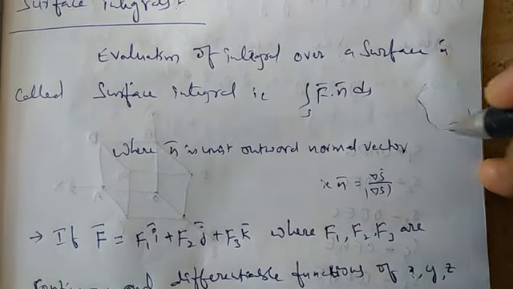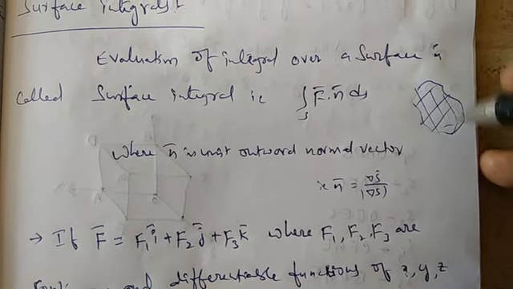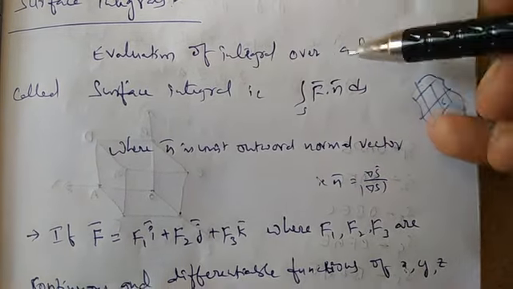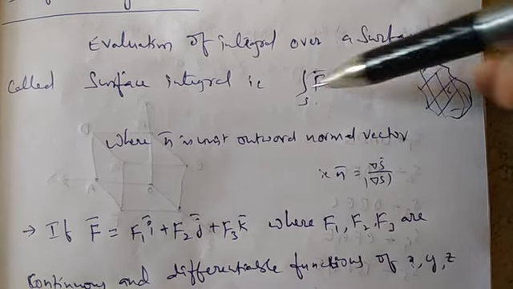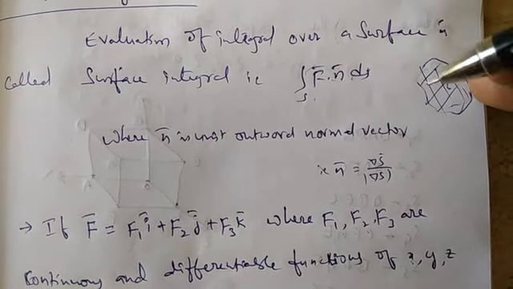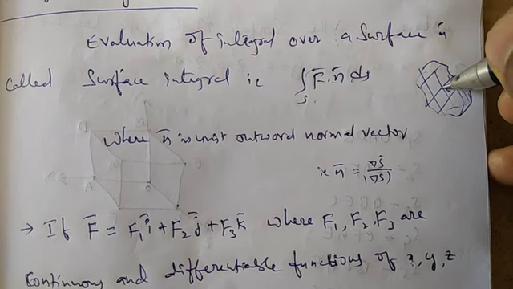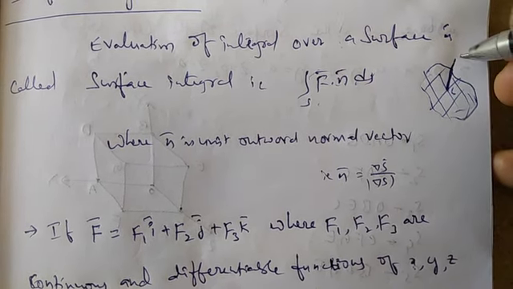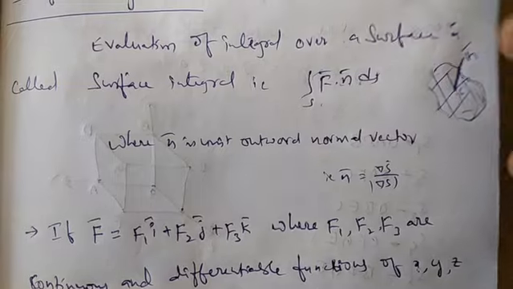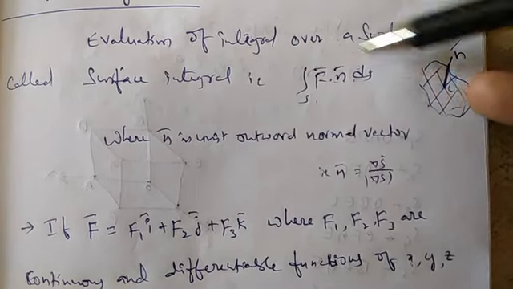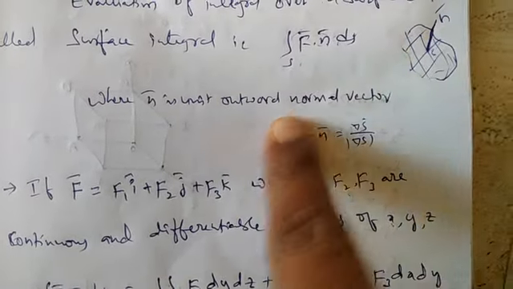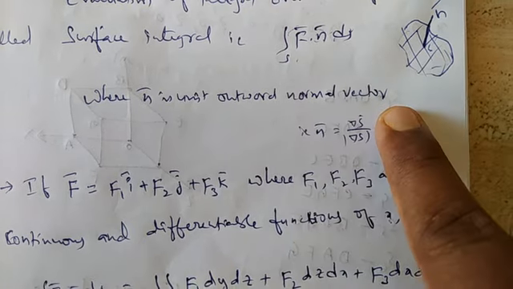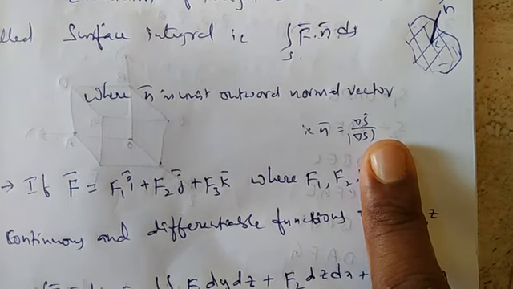If this is a surface S, we can write the integral over S of F dot n dS. Here n is the unit outward normal vector for the surface, and F is a vector point function. The unit outward normal for the surface can be found as grad S by mod of grad S.